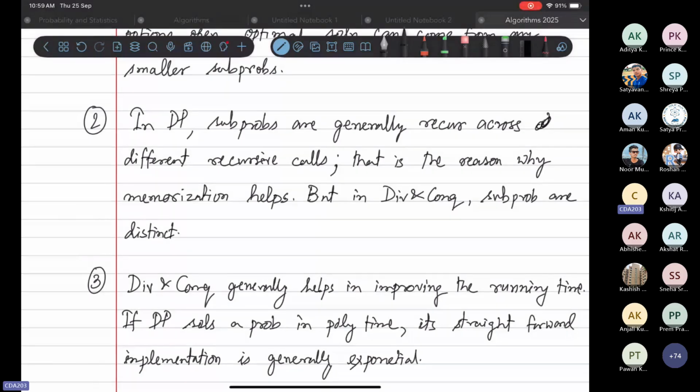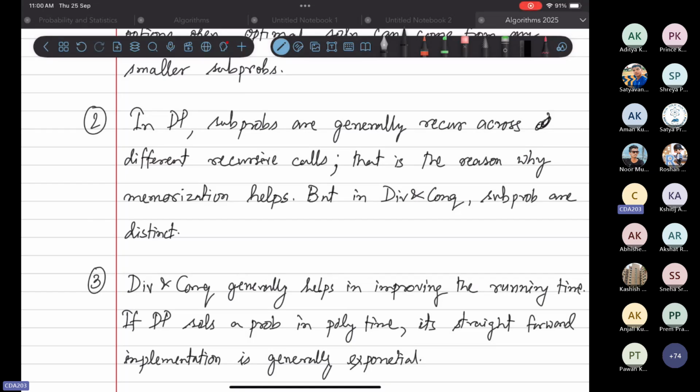But in DP, what we do is we generally divide the problem into some smaller subproblems, and generally those subproblems can repeat in the whole process.